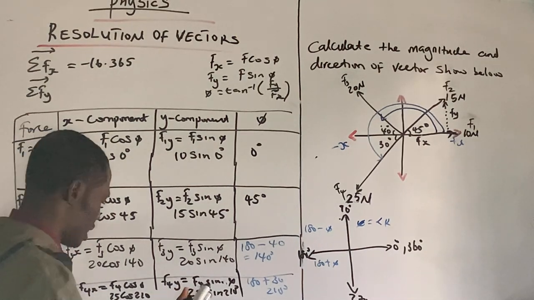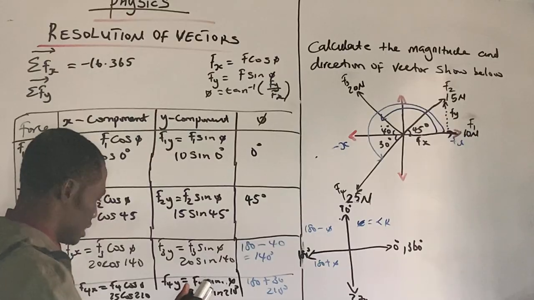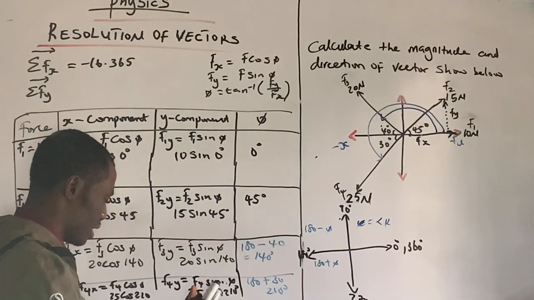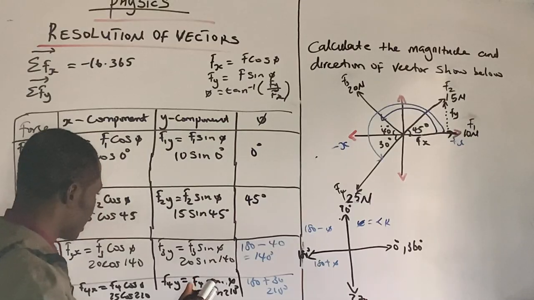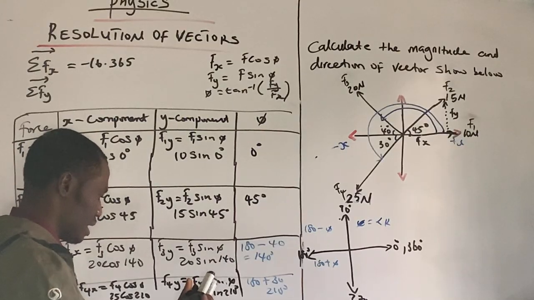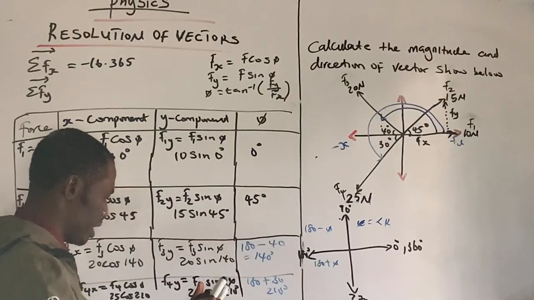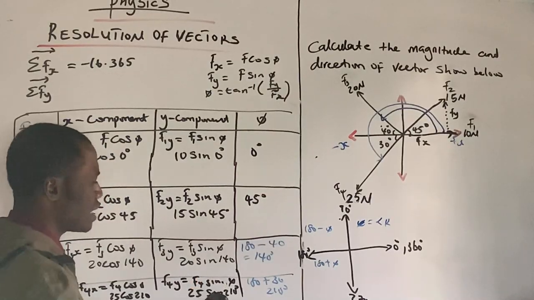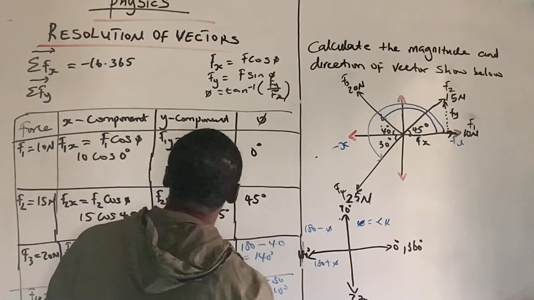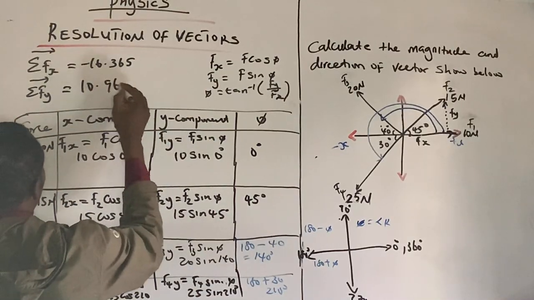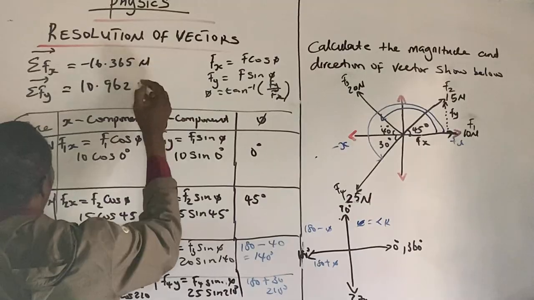The next one is 20 sine 140 degrees. All right. So I have plus 25 sine 210 degrees. All right. What I'm having is 10.962 Newton.